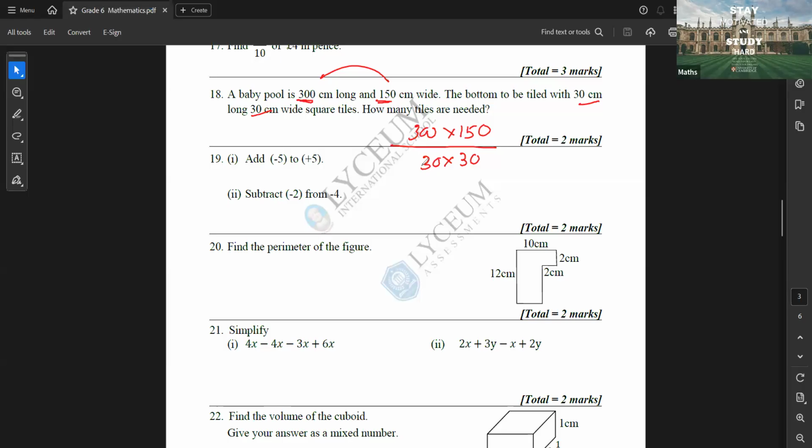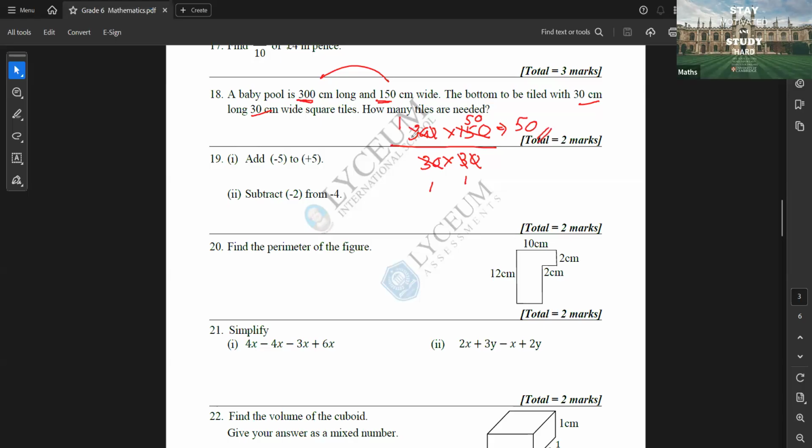So here 0, 0, 1. Right? Here 30 times 1, here 30 times 1. So here 3 times 1, 15, 3 times 5, 0. Answer is what? 50. So it is going to be 50 tiles.